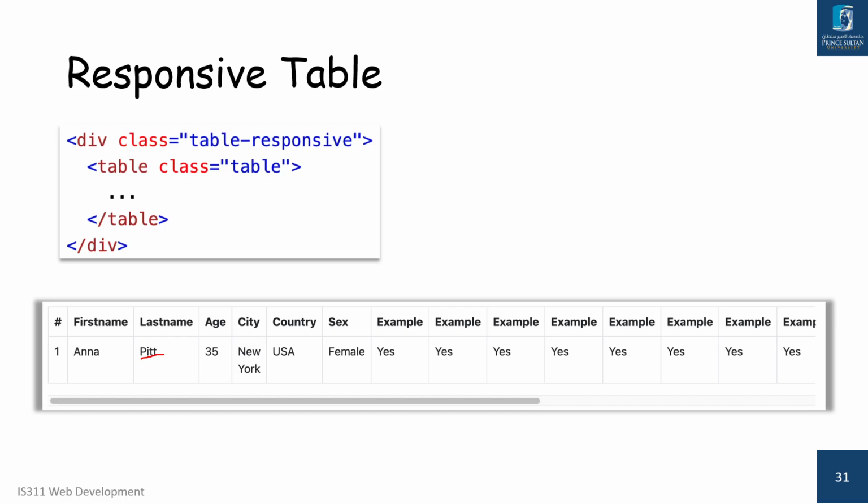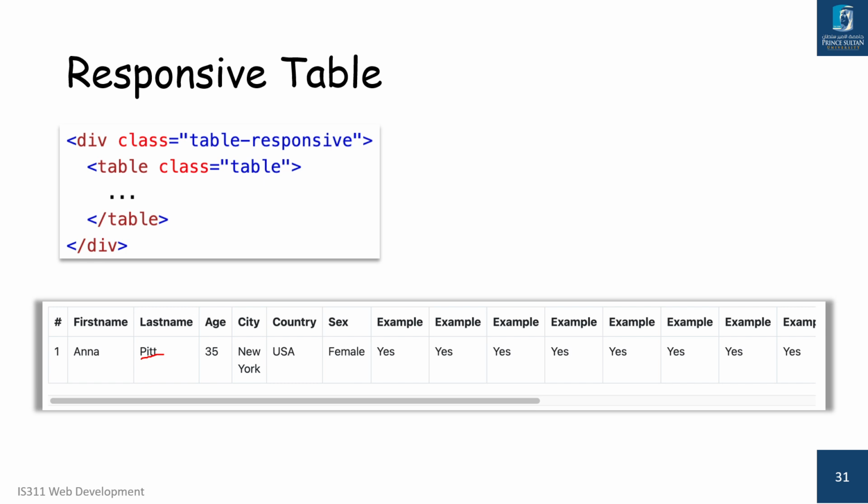But if we don't want that, then we enclose our table inside a div which has the table-responsive class. And then in case our table is going out of the screen, rather than wrapping it, it will let you scroll left and right to see the contents if we have a very large table.